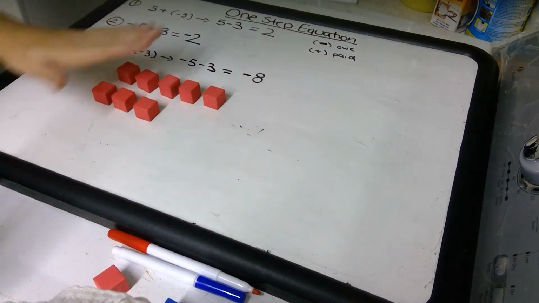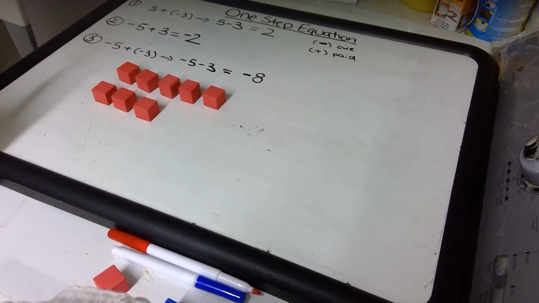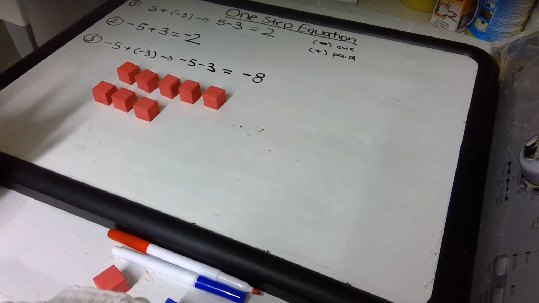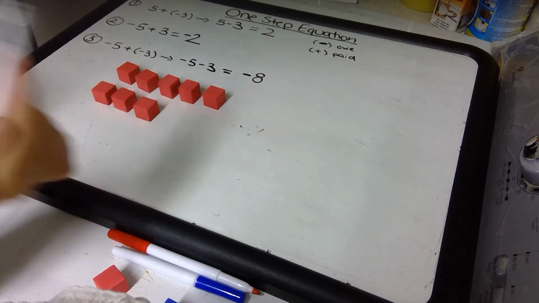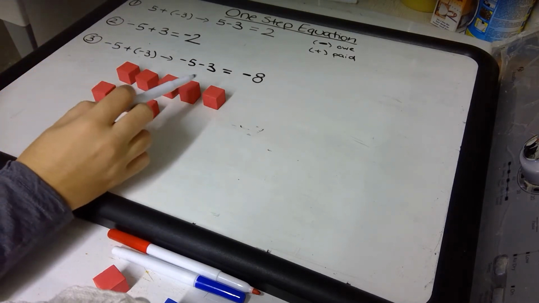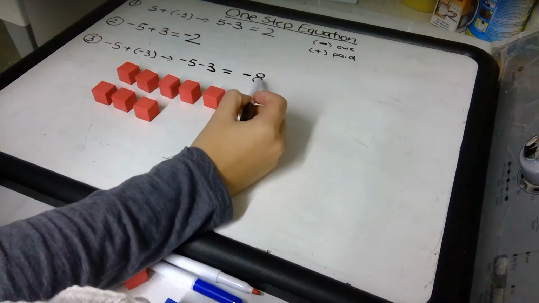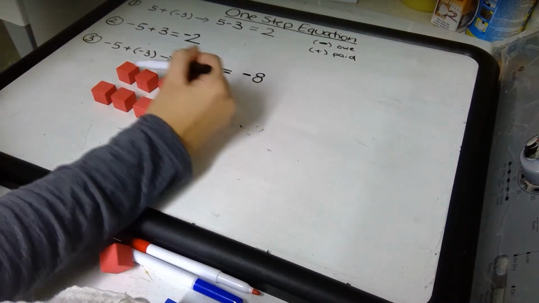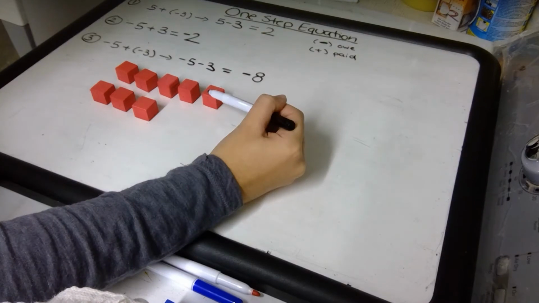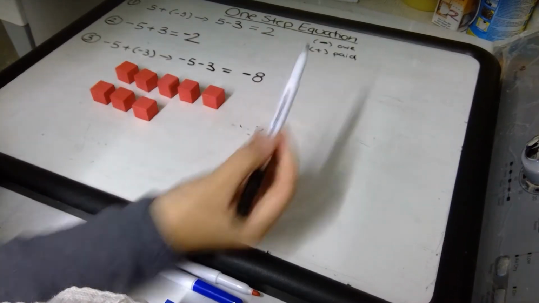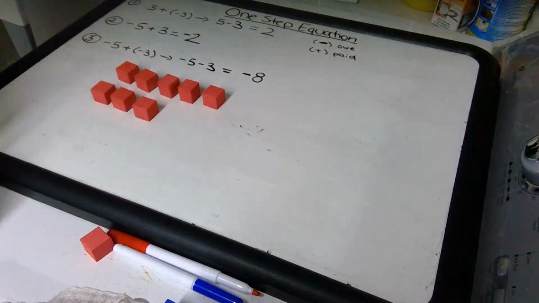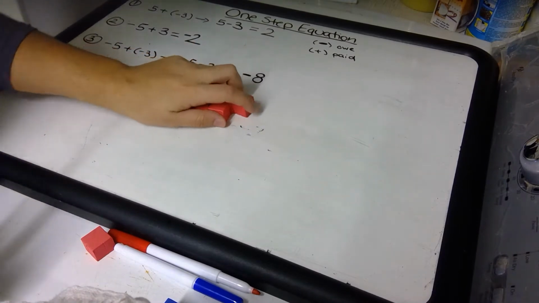But since we don't have opposite numbers, we cannot eliminate. So in this case, we need to add how many cubes we have. We have 1, 2, 3, 4, 5, 6, 7, 8. We have 8 cubes. And we know that red means negative. We're subtracting, so we need to show that we're subtracting. In this case, we put the minus sign here.